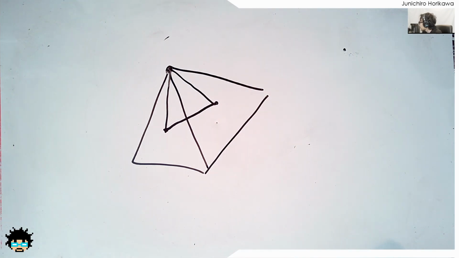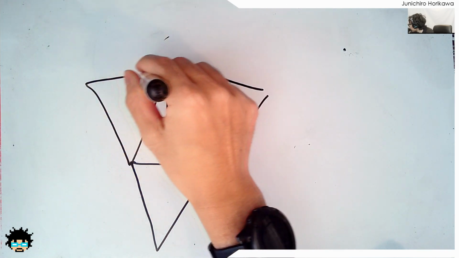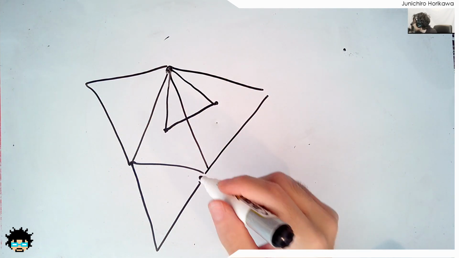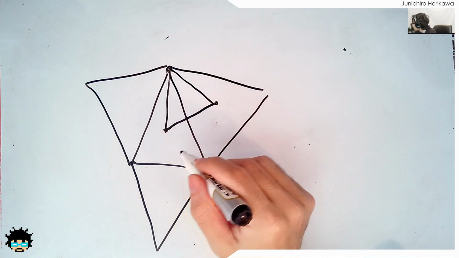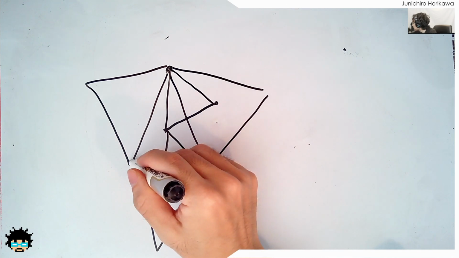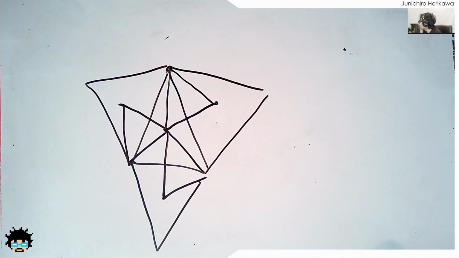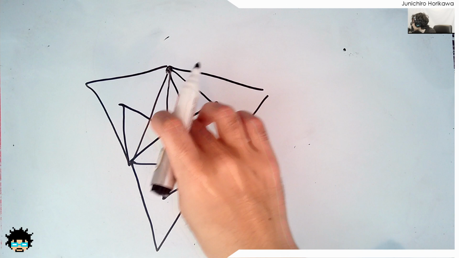Okay, and if it's connected to the other primitives like this, you do the same operations for each of the connected primitives, and continue doing this for each of the primitives.